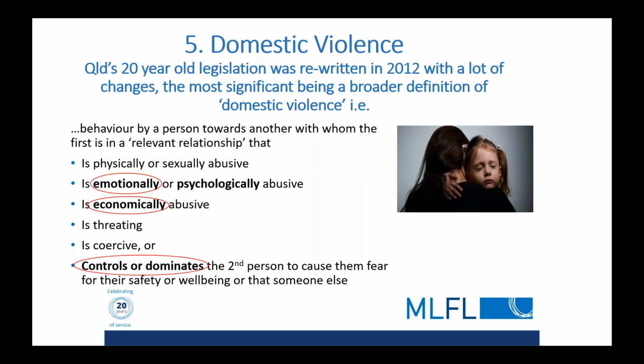It's behaviour by a person towards another with whom the first is in a relevant relationship that is physically or sexually abusive, emotionally or psychologically abusive, economically abusive or threatening or coercive, or controls or dominates a second person to cause them fear for their safety or well-being or that of somebody else.